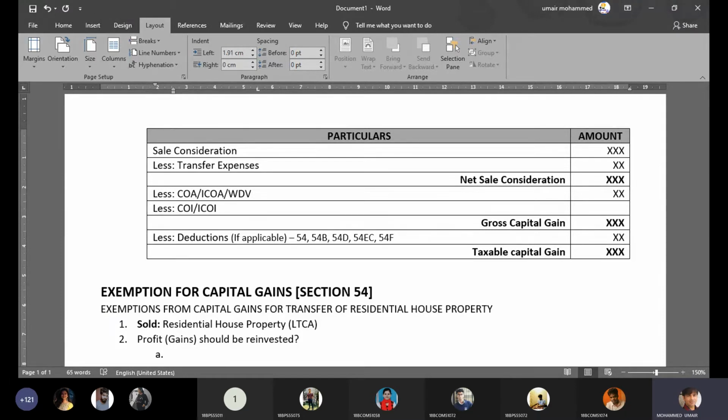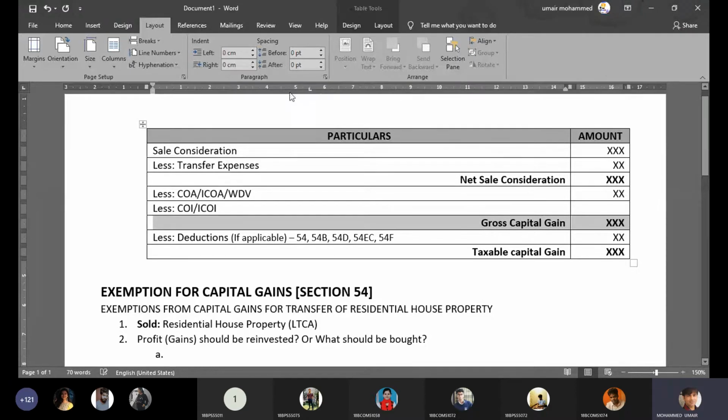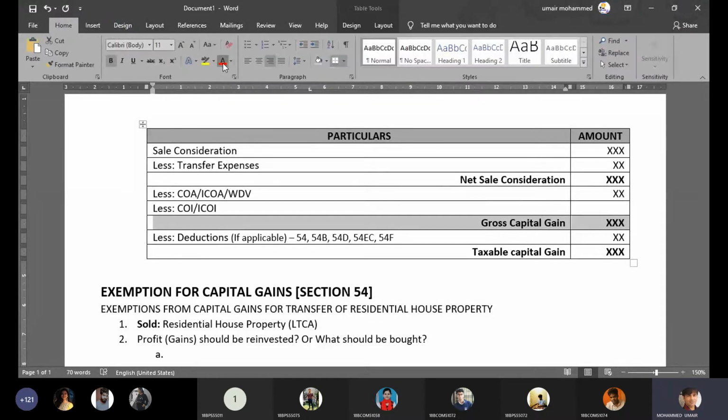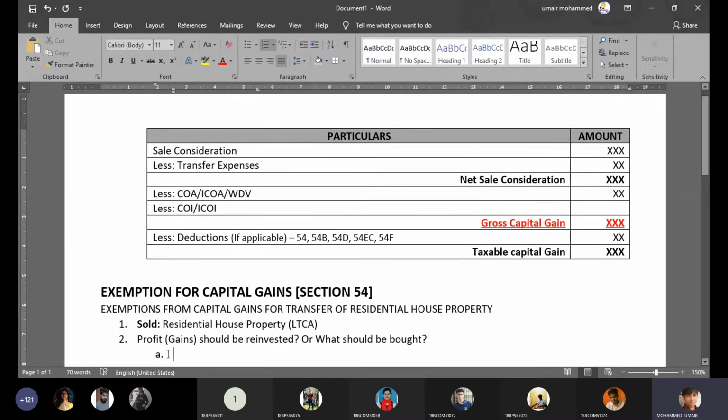Option one: profit should be reinvested, or we can also say what should be bought. After the profit you have made from selling the capital asset, this profit should be reinvested in these items.